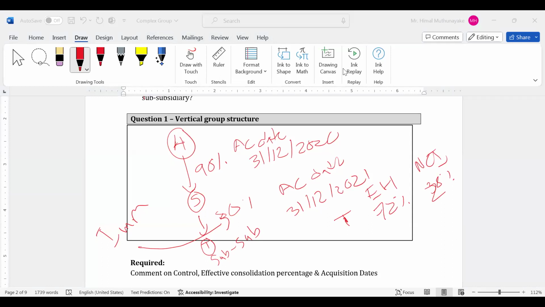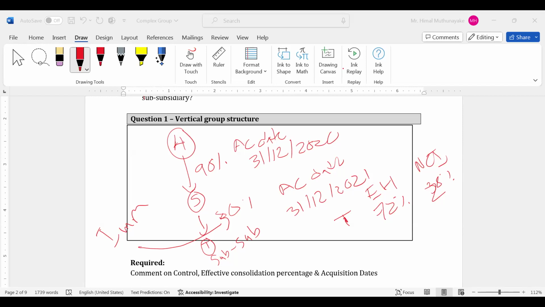So now there's a problem regarding the acquisition date. This company is acquired on 2020, December 31st, but this company is acquired on 2021, December 31st.